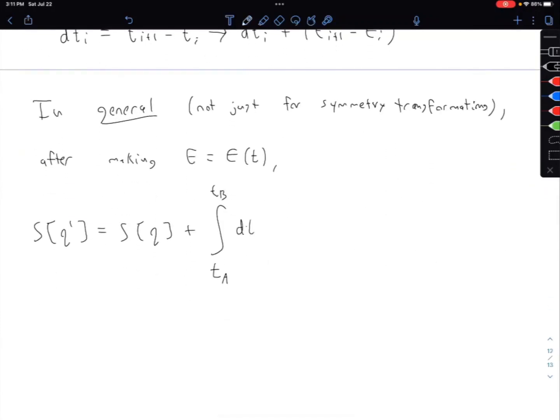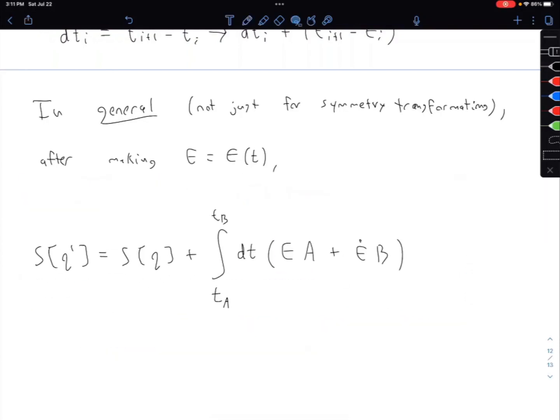So this will be dt, and it will be a term proportional to epsilon, times something, I'll call it A, plus epsilon dot times B. And this will always happen. Does this make sense to everyone?